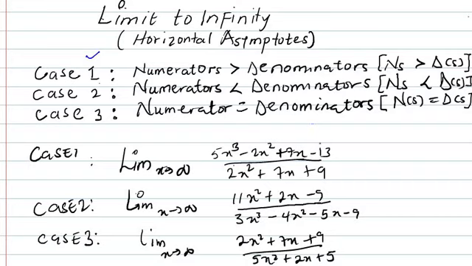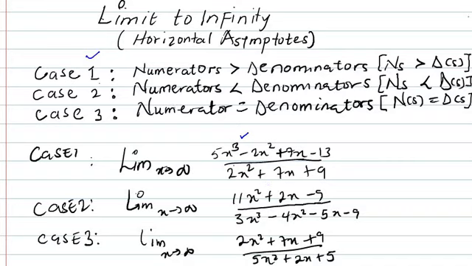Like if on the numerator the highest degree we have is 3, and the highest degree on the denominator is 2, we have to look at which one grows faster or is higher.